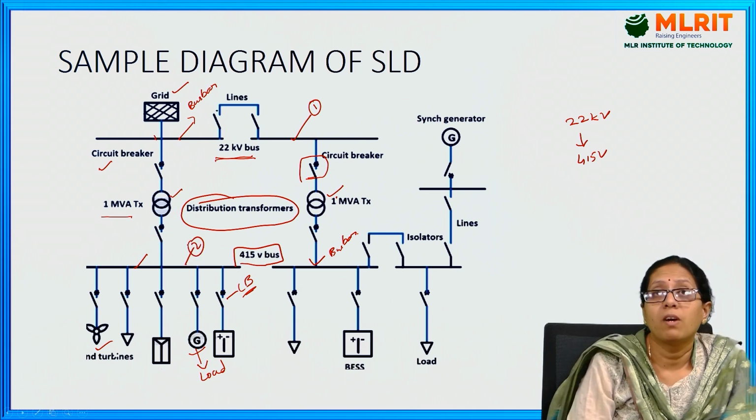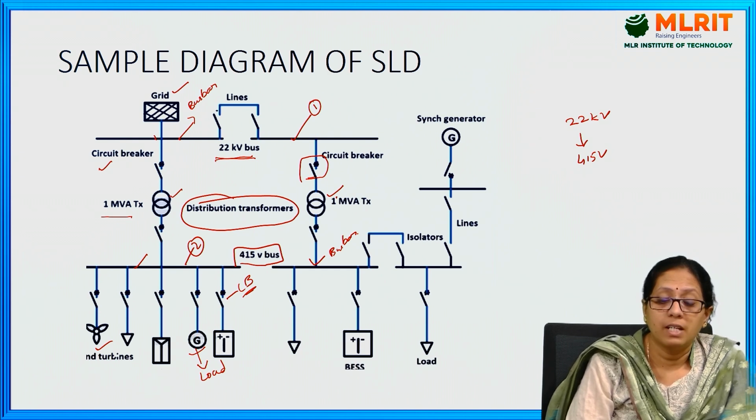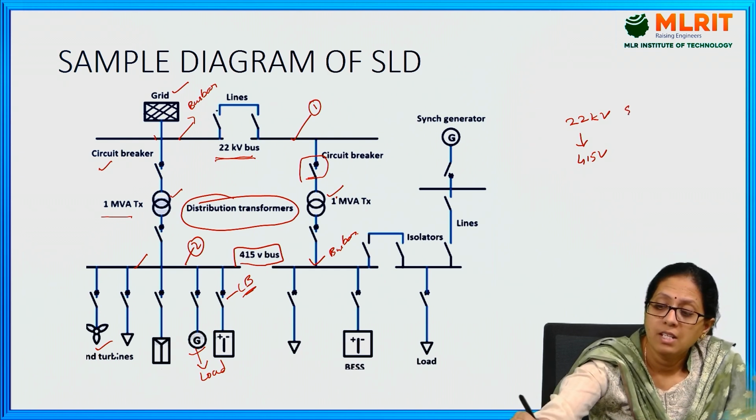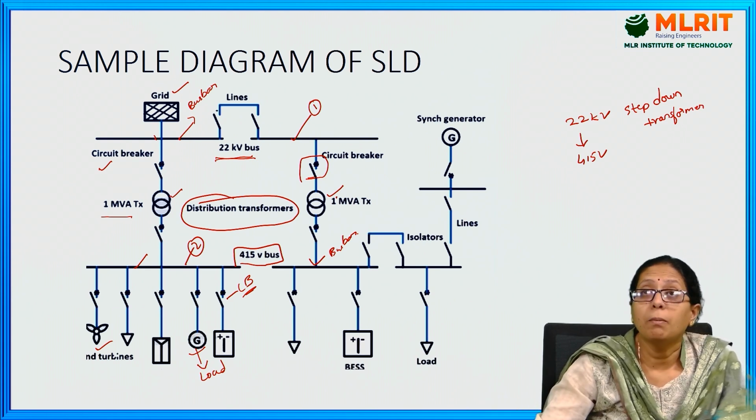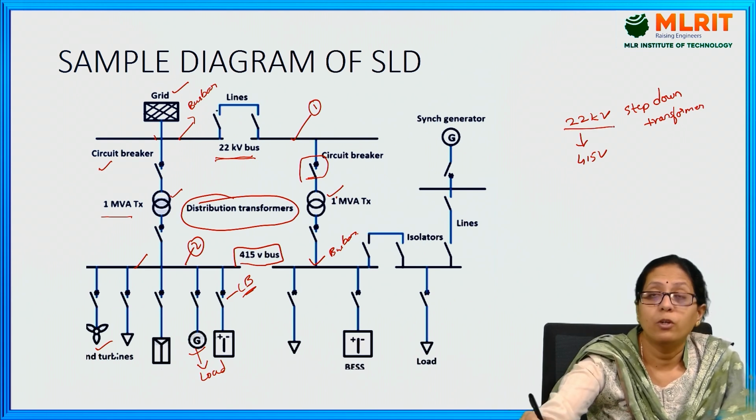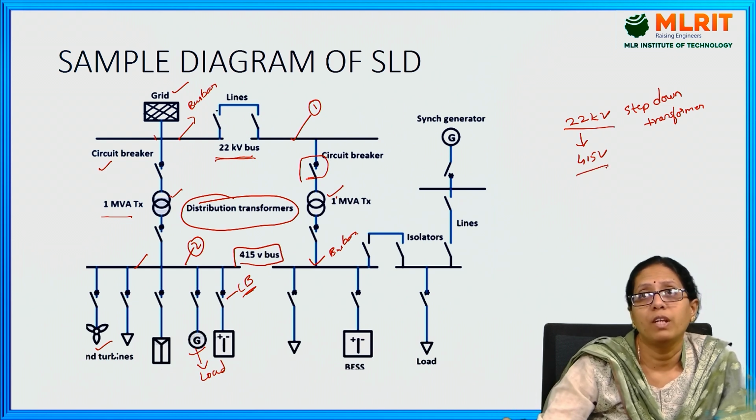Between bus bar 1 and 2, a distribution transformer in addition to a circuit breaker is connected, which is nothing but a step down transformer with a primary voltage of 22 kilovolts and secondary voltage of 415 volts.